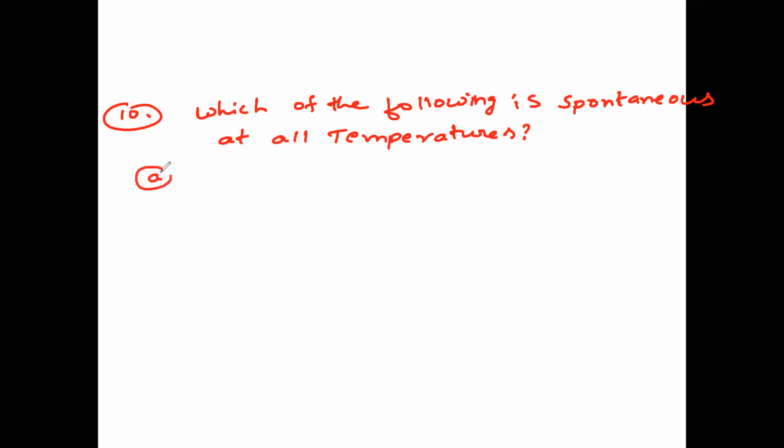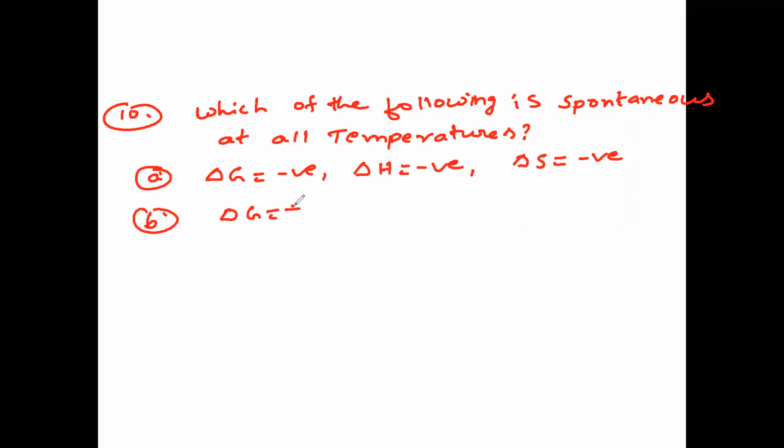Option A, delta G is negative, delta H negative, and delta S is also negative. Option B, delta G is positive, delta H positive, and delta S positive.